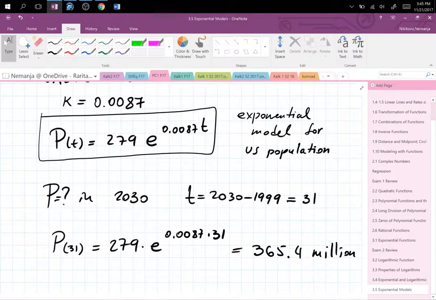So now, when you are looking at the population of the United States, if we say that we have 279 million Americans, right, that K of 0.0087 takes into consideration everything which impacts the change in number of population.